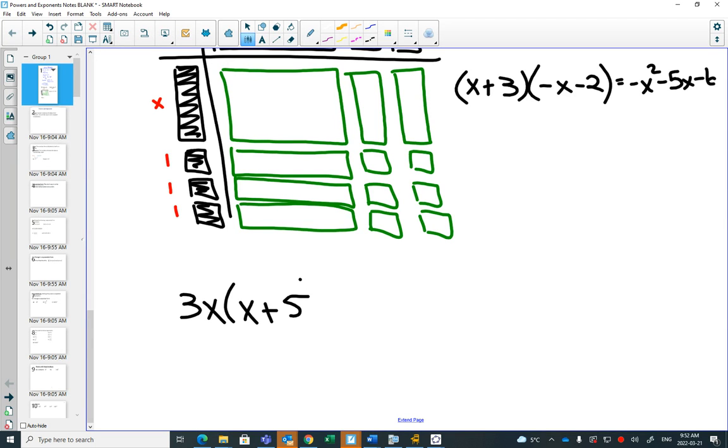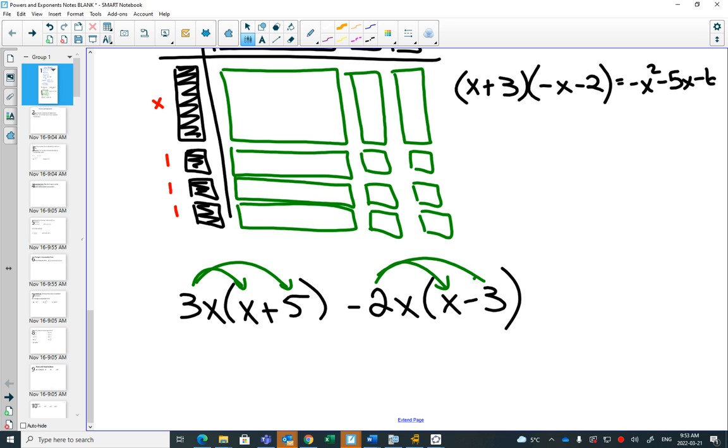Could you simplify something with what do you have to do here? You'll have to distribute to get rid of your brackets, and then combine your like terms.